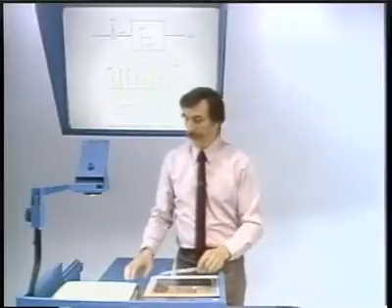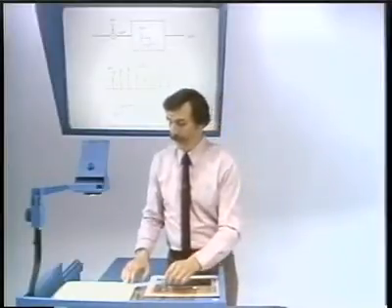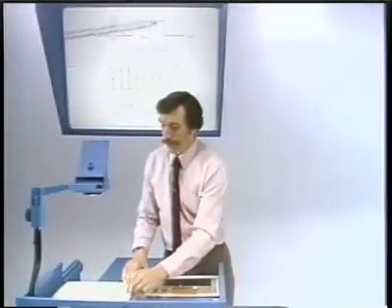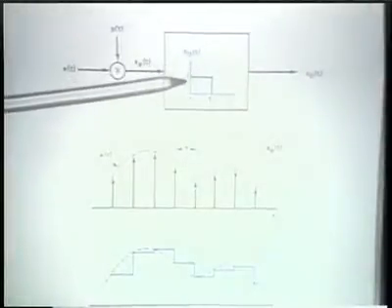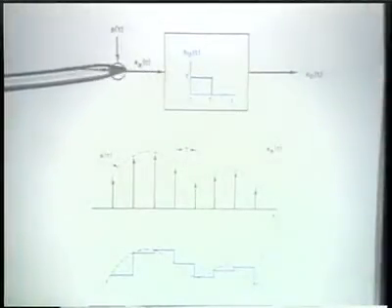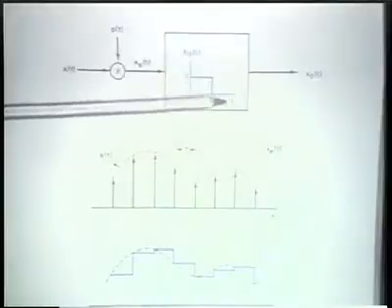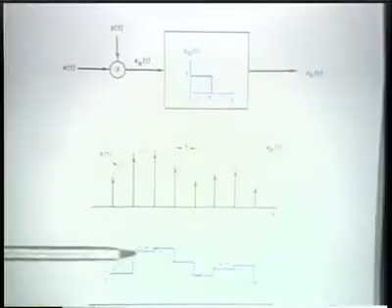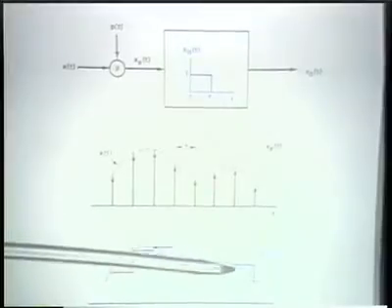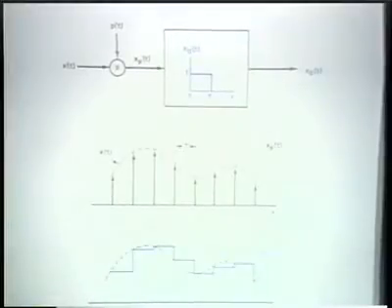Specifically, if we consider a system where the impulse response is a rectangular function, then if we processed the train of samples through a filter with this impulse response, exactly the reconstruction that we would get is what I've shown here.